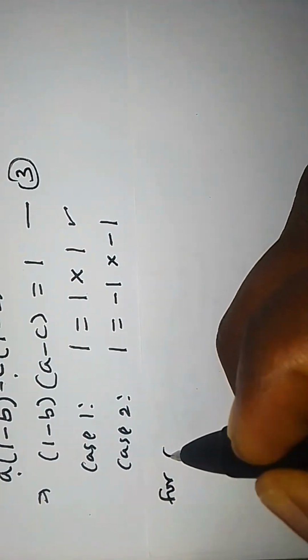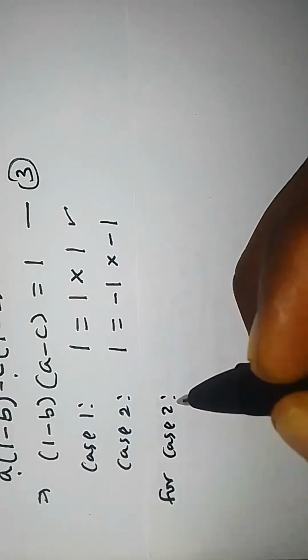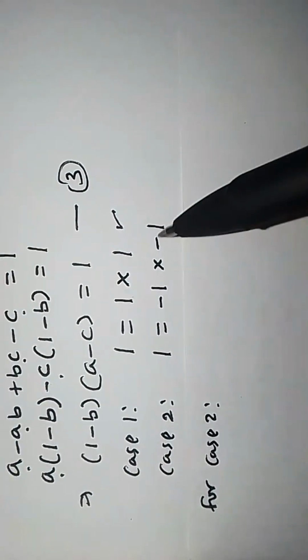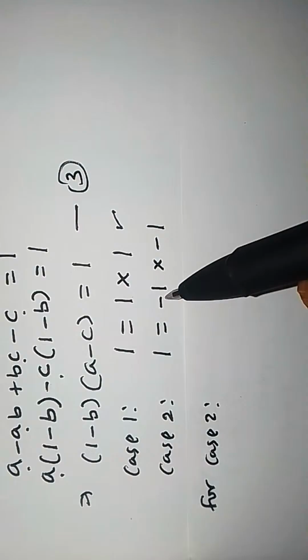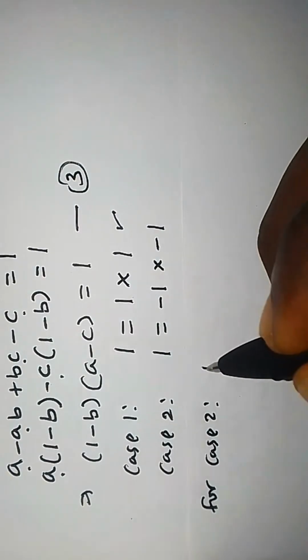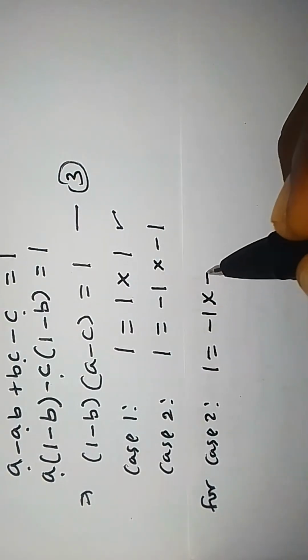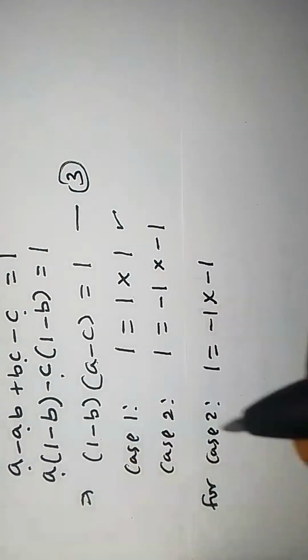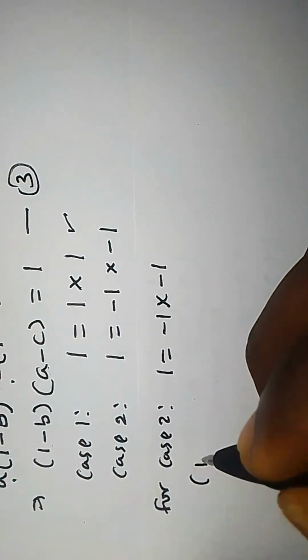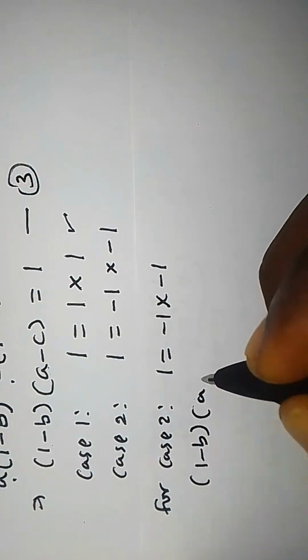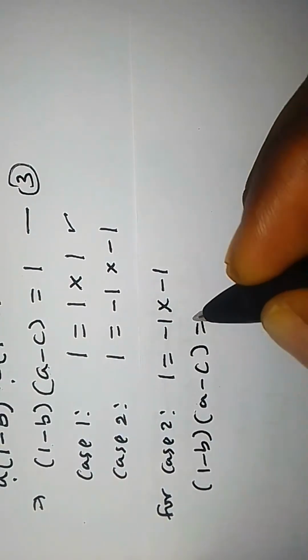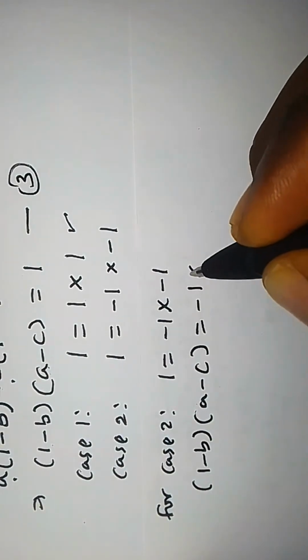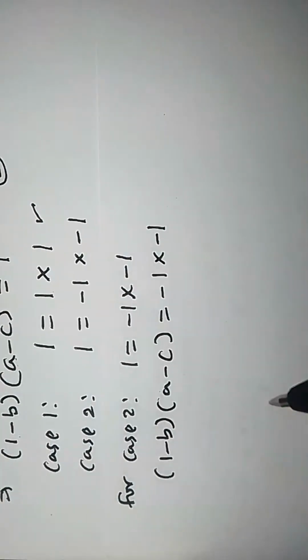Now, for case 2, we have to replace this particular one with minus 1 times 1. So 1 is equal to minus 1 times minus 1. From here, 1 minus B times A minus C is equal to minus 1 times minus 1.